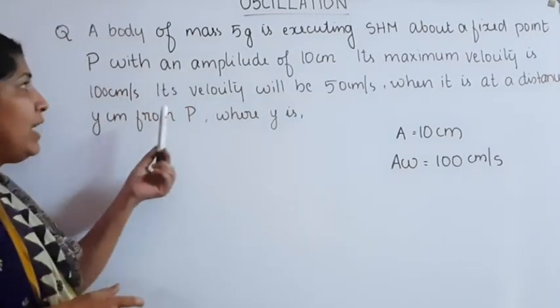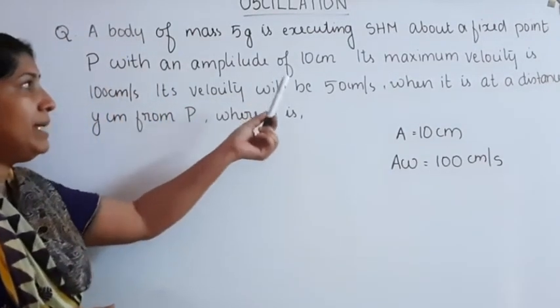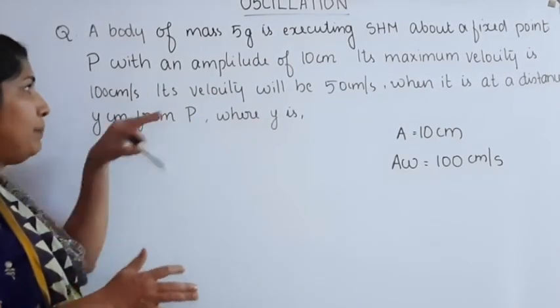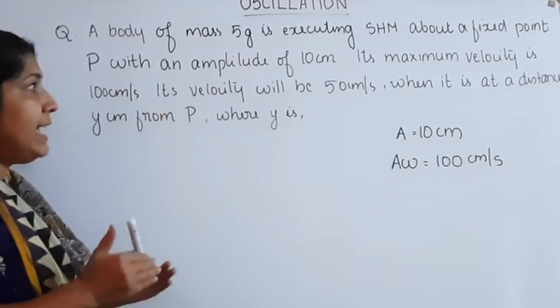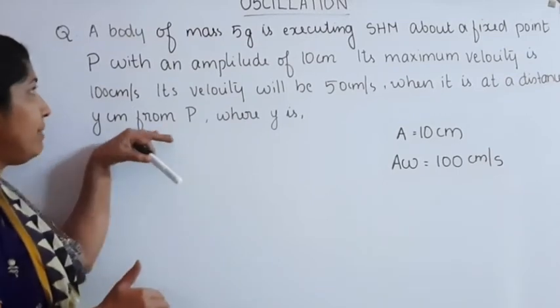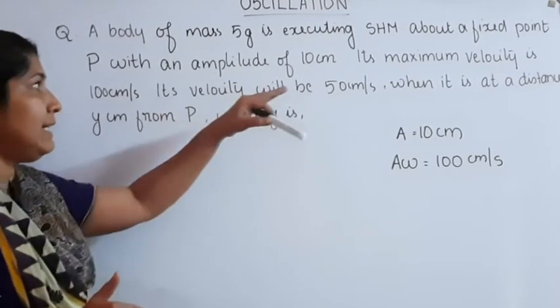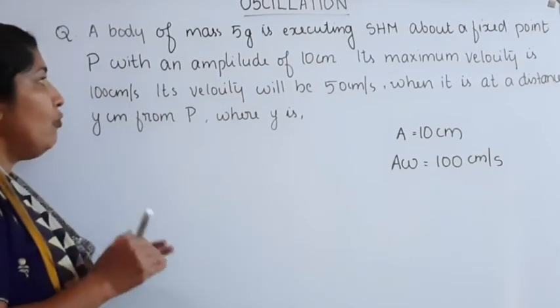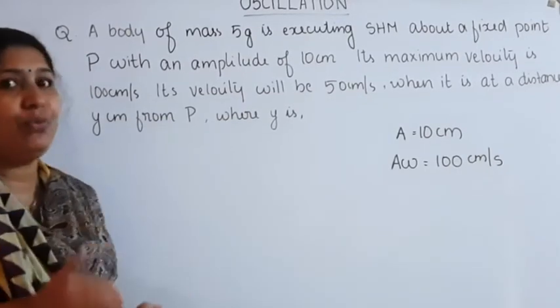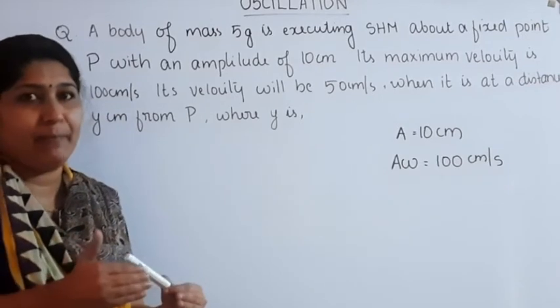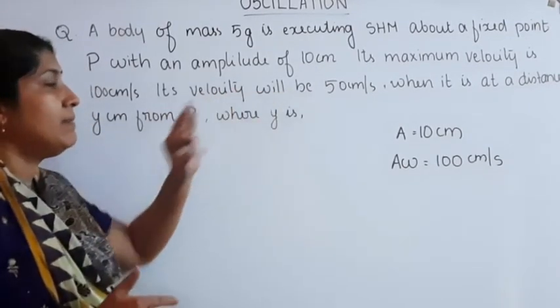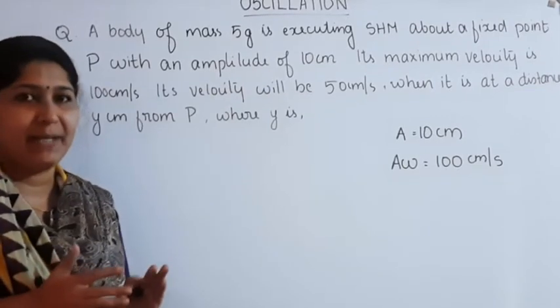Okay. Its velocity will be 50 centimeter per second when it is at a distance y centimeter from P. Velocity at a distance y centimeter from the mean position is given, it's equal to 50 centimeter per second. We want to find out at what displacement y from the mean position the velocity becomes equal to 50 centimeter per second.